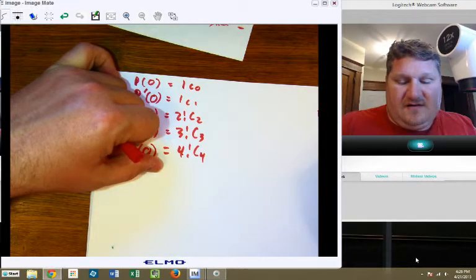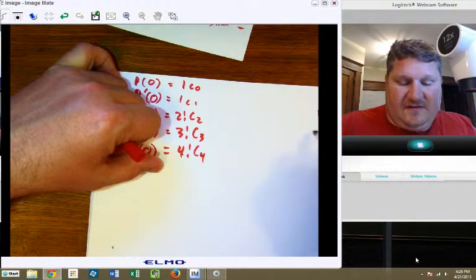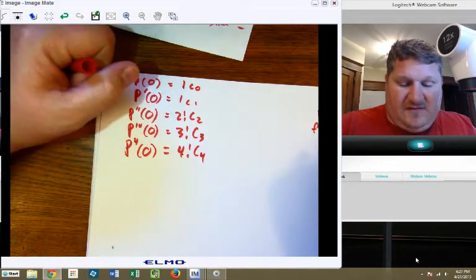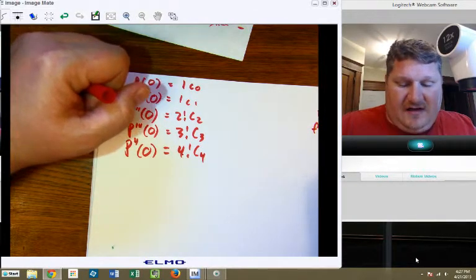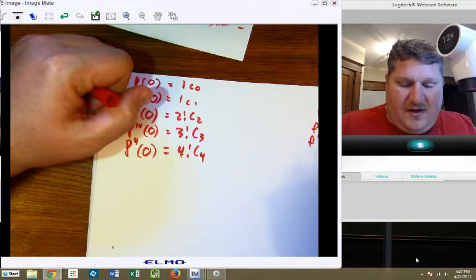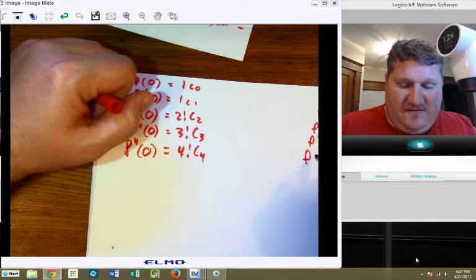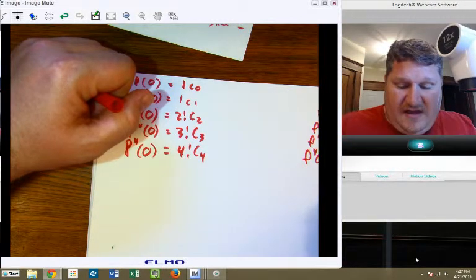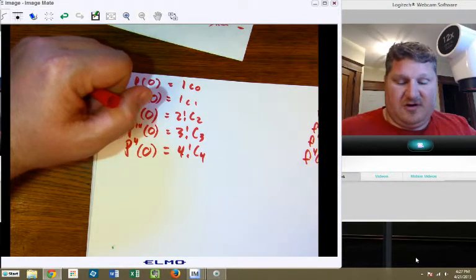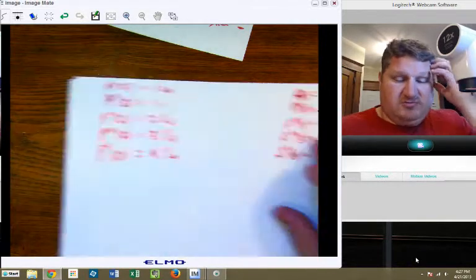F prime of x equals cosine x. F double prime of x equals negative sine of x. F triple prime of x equals negative cosine x, and the fourth derivative of x equals sine of x again. So we're back where we started, which we've done before.